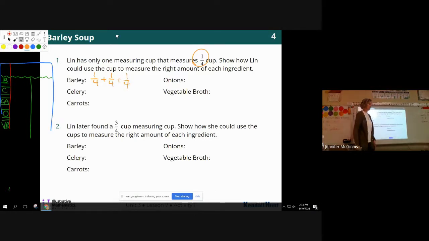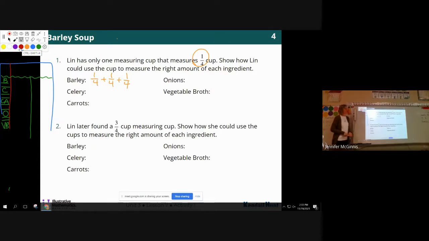You should write this on the side of your notebook next to the B. Next to the B, 1/4 plus 1/4 plus 1/4. 3/4, because the 1/4 measuring cup is all she has. Sorry, that was really bad grammar.